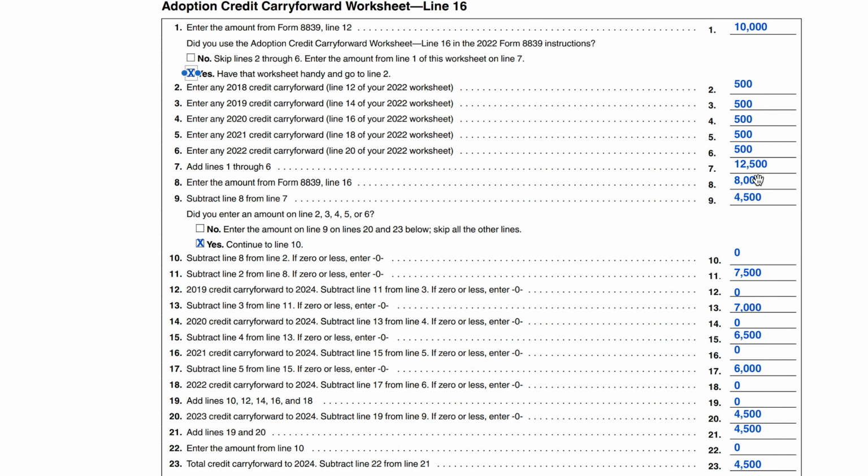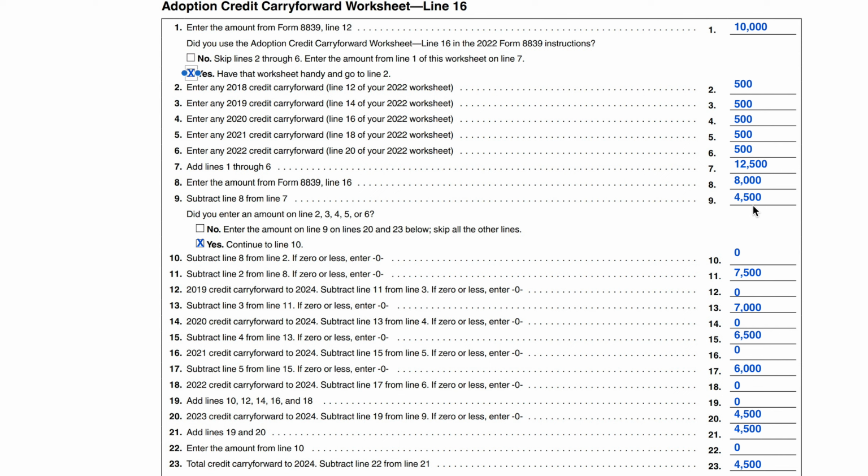And remember, the adoption credit is a non-refundable tax credit, which means that it can bring our tax liability down to 0, but it can't make it a negative number. So it can't generate a tax refund. So we subtract that. We've got $4,500 that's going to go to a carry forward.